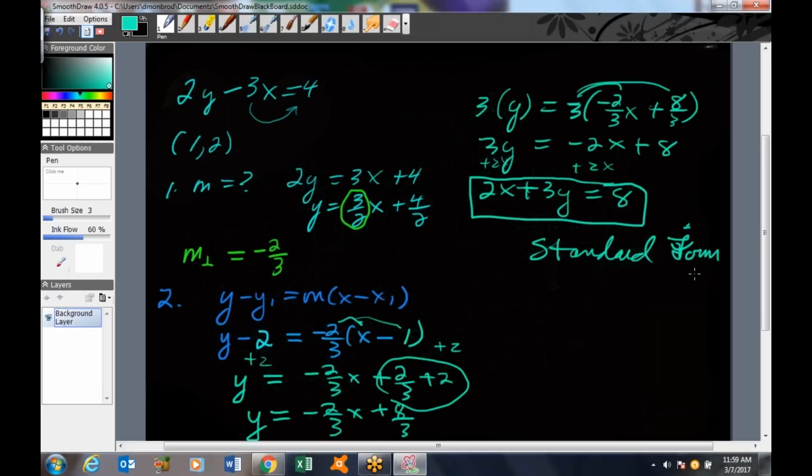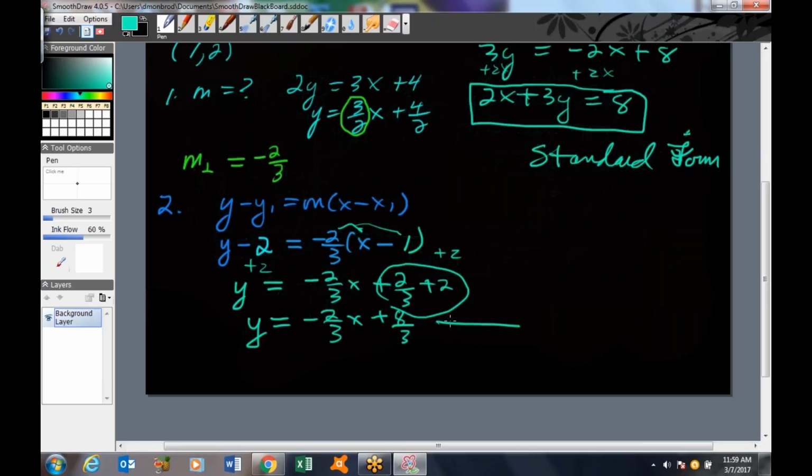Standard form. Okay, and the form that we had down here, this form here, that was, remember, its special name was the slope-intercept form.